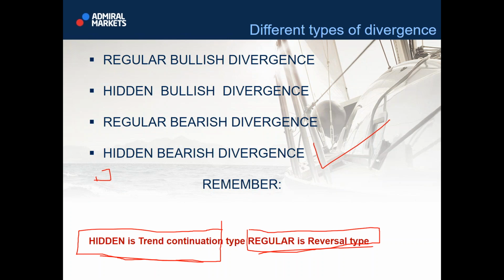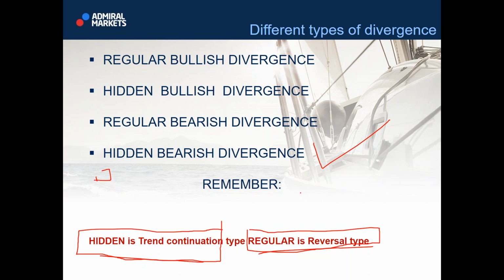Some traders might not be able to differentiate between hidden and regular. Some years ago, I heard that some traders speculated that hidden divergence is stronger than regular in the trend sense. That is not true, guys.